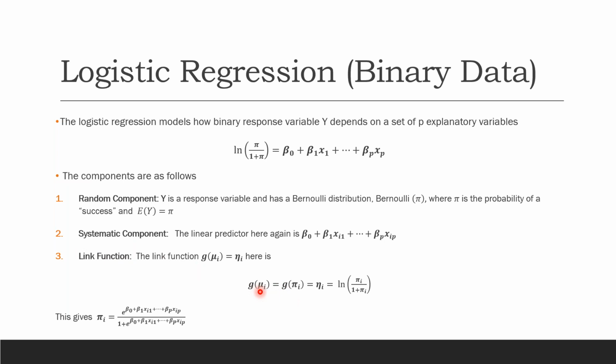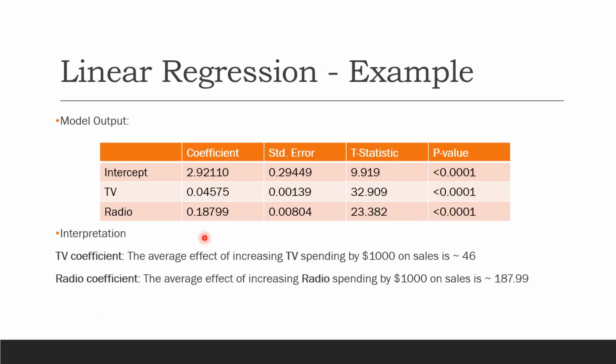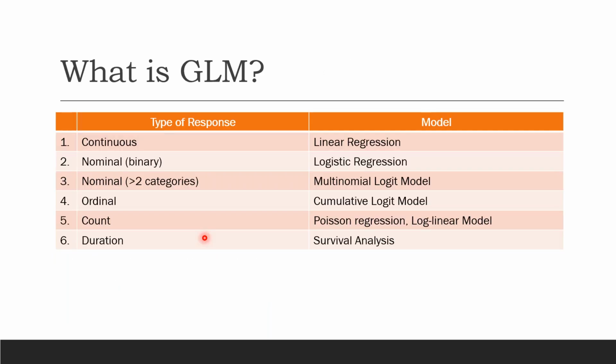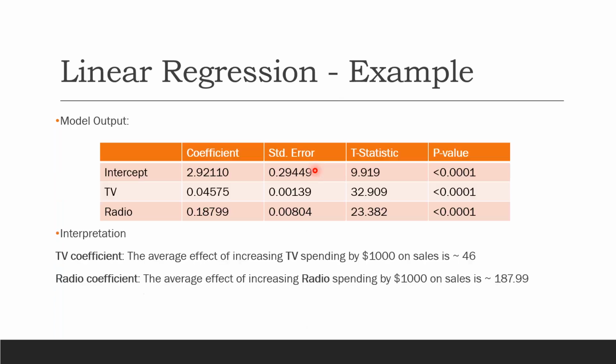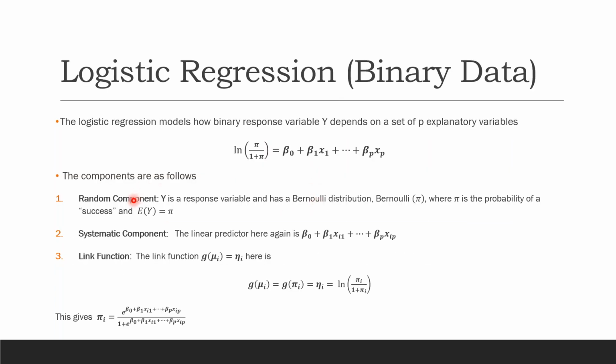If we go back to the specification, mu is just the expected value of yi, right? So the expected value of yi is this probability pi. So mu is equal to pi i. So this is the form of the link function, right?